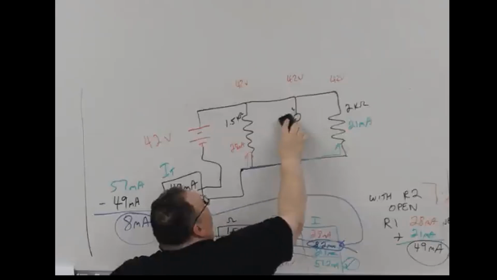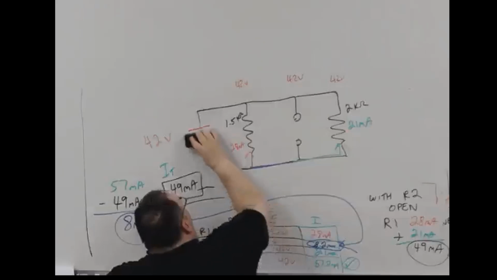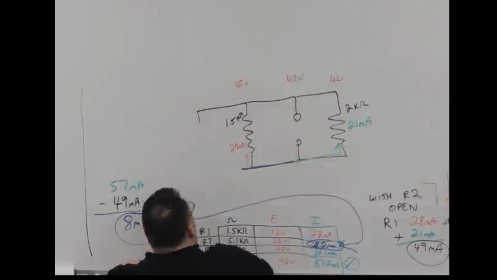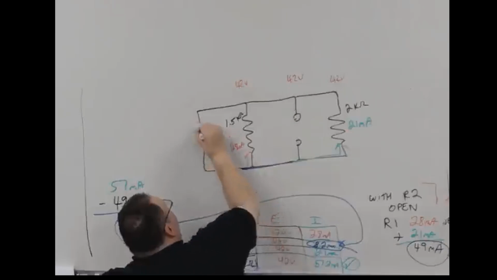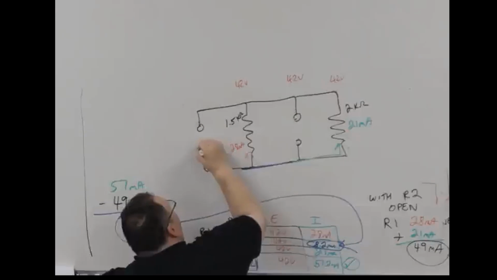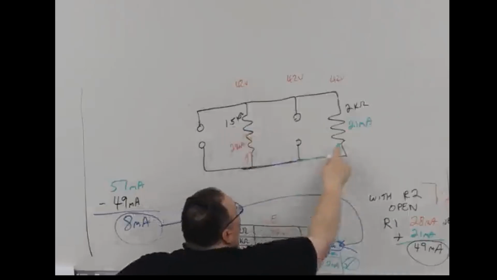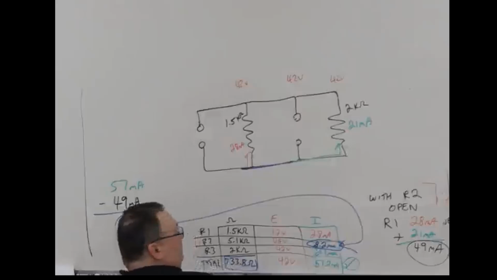and I can calculate my new total equivalent resistance with only two resistors, 1.5K and 2K ohms in parallel.